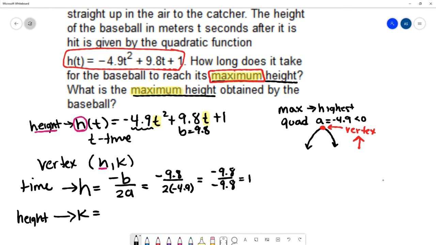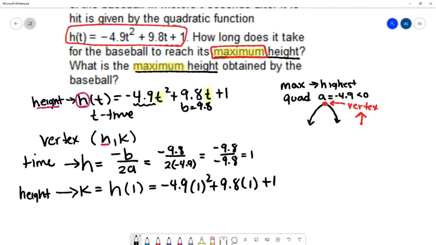So we're going to plug in that time of 1 into our formula. We get negative 4.9 times 1 squared plus 9.8 times 1 plus 1. So this works out to be negative 4.9 plus 9.8 plus 1. That's 4.9 plus 1, which is 5.9.